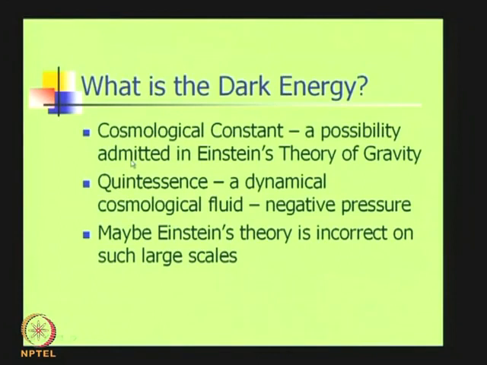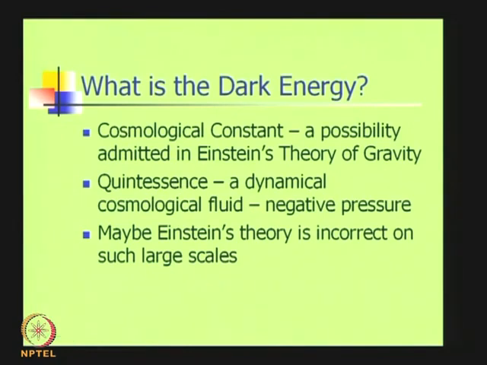The other possibility is that you can have scalar fields which fill our universe. They go by a variety of names, one of them is quintessence. Here, unlike a constant, the dark energy is something which is dynamical, it's a cosmological fluid.